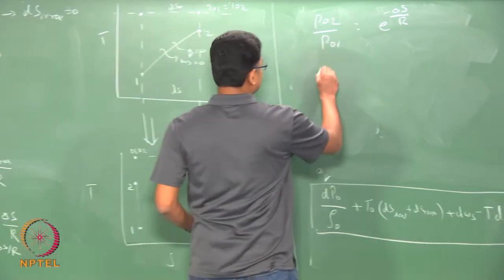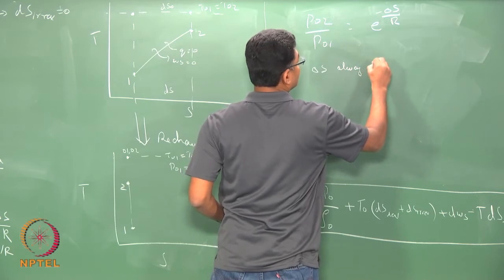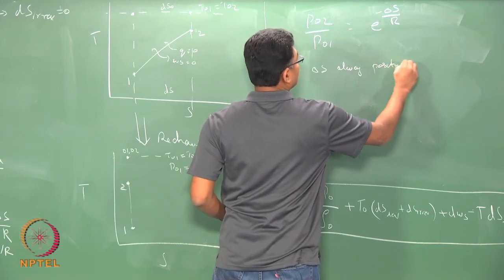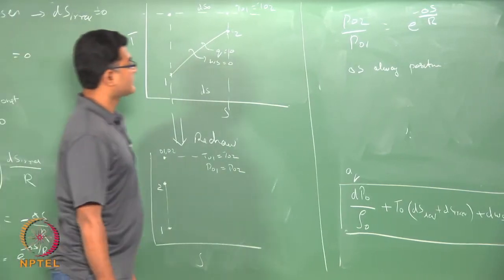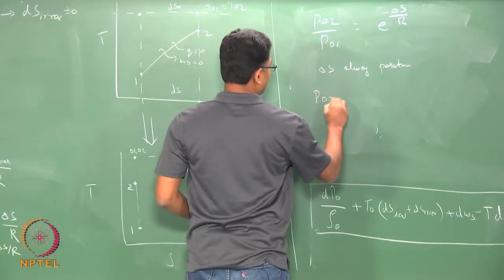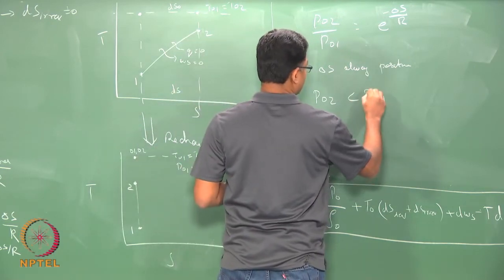So, if delta S is always positive, which means your P02 is less than P01.